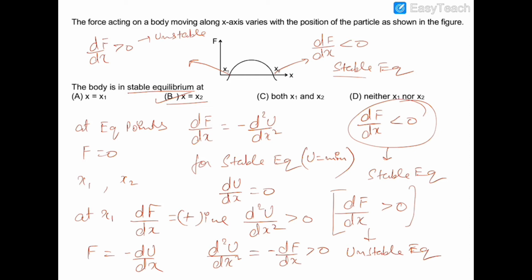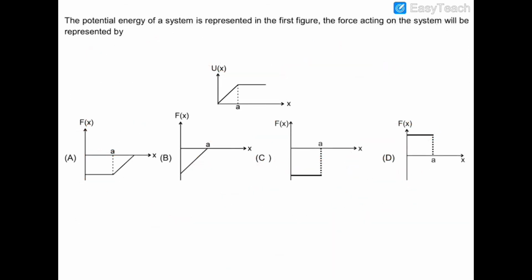Okay guys, now I will be demonstrating the numericals based on these concepts. In this question, we are given a potential energy graph with x, the distance, and we need to identify the correct force versus x graph for the above potential energy graph.